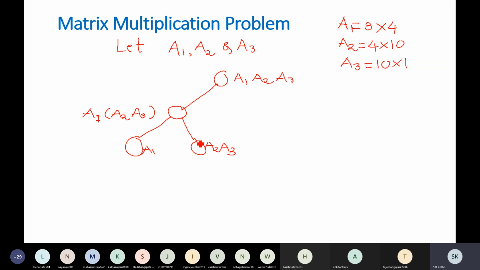This is A1, this is A2, A3. This is one way we can do that. What is another way? You multiply A1 and A2 first, and then the result of that with A3. So A1, A2 multiplication first, and A3 as it is.